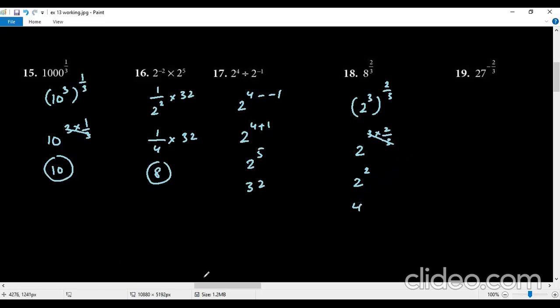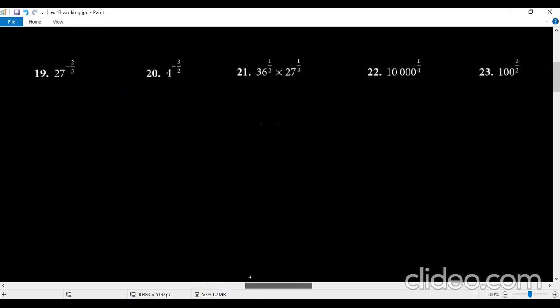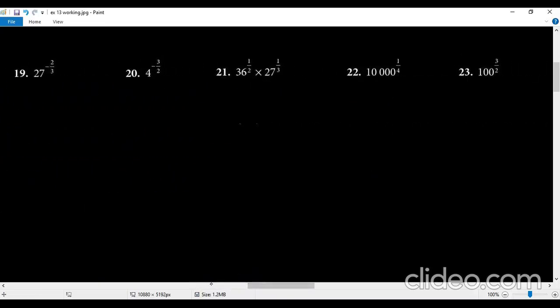Next question is about 3 cube equals 27, and minus 2 over 3. I will write it like this: 3 to the power 2 over 3, which is in minus. So these 3 cancel, and 3 square negative. That means 1 over 9 is going to be your answer.